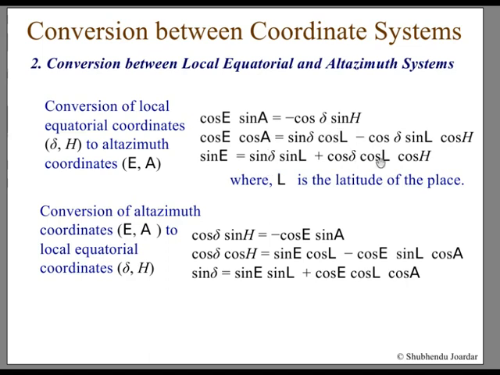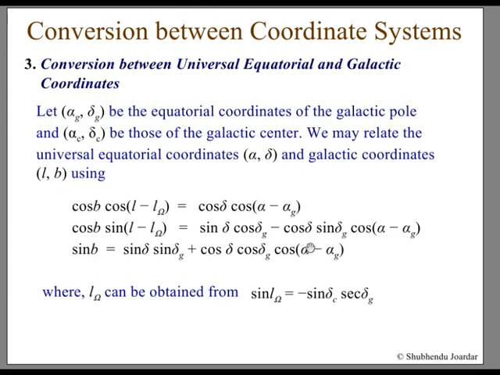So you have the three relations where L is the latitude of the place. And this one shows the conversion of alt-azimuth coordinates E and A to local equatorial coordinates. This is just the reverse of that one. So here again you have these relations. I will move on to the next slide.